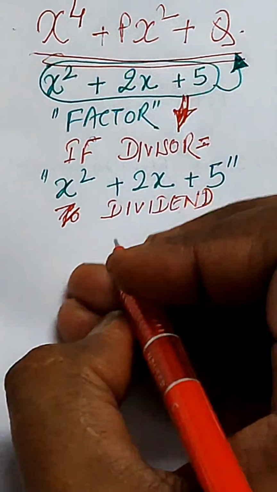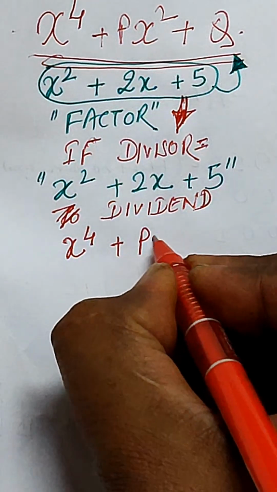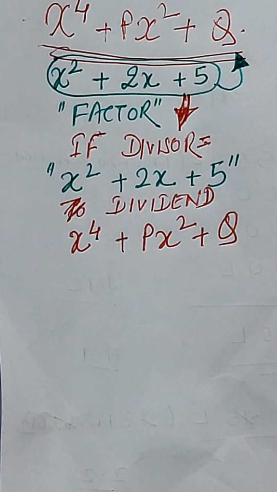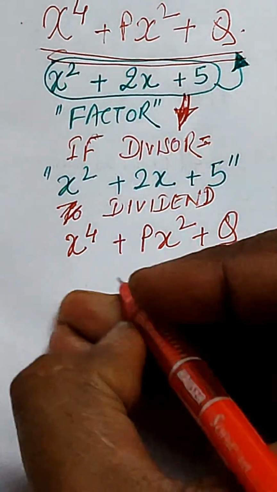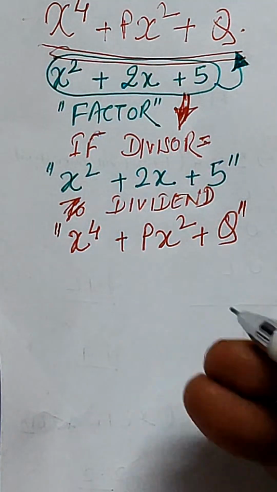The dividend is x4 plus px square plus q. If this is the dividend, then the remainder will be 0.